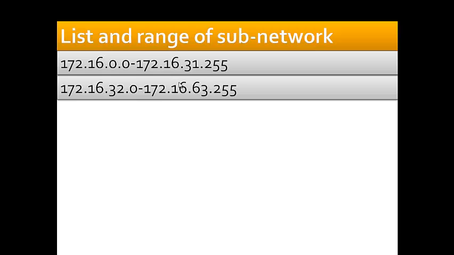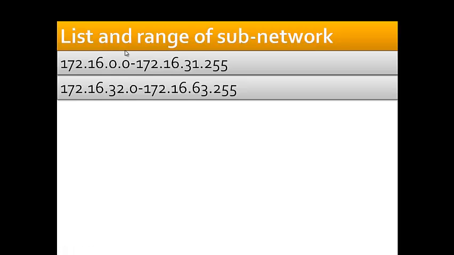The next network would be 172.16.32.0 to 172.16.63.255, because the last IP of the previous one was 31.255. The next IP would be 32.0, and the range would be up to 63.255, because the third octet has a range of 32.